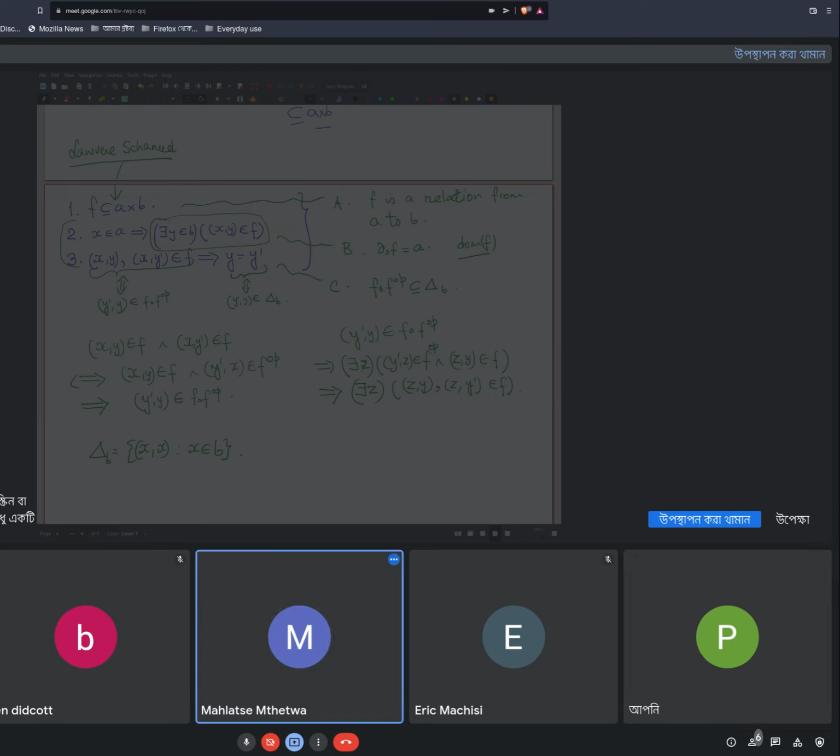Fair enough. So a function is a relation from A to B with domain A, and precisely having this condition: that f composed with f op is the diagonal. That delta is usually called the diagonal.